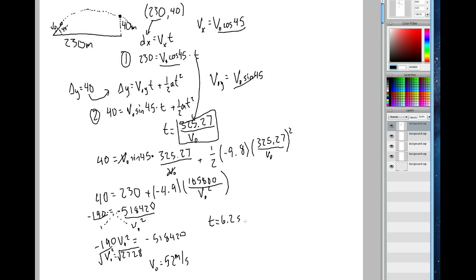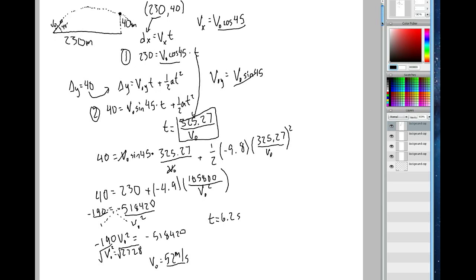Now, the next part, now that you know what your initial velocity is, you can find your initial Vx and Vy components. Once you know Vx, you can figure out the total hang time, since you're launching from the ground, so you know that delta y is 0.